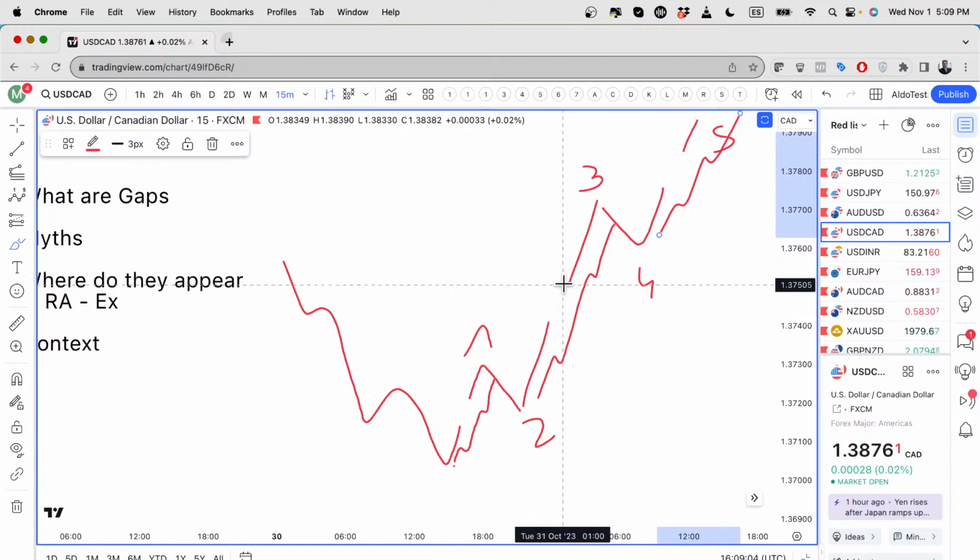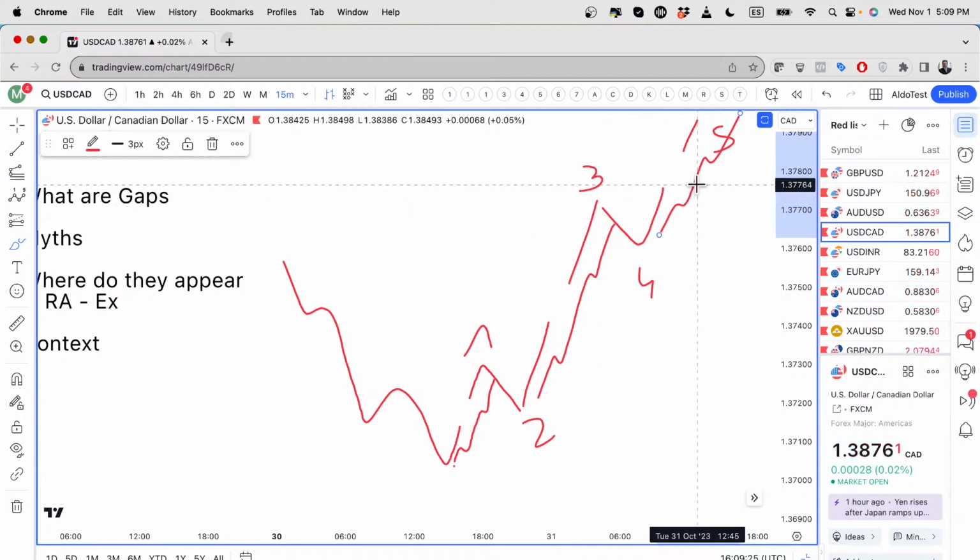The acceleration gap, or the runaway gap, would tend to appear in the third wave of the third wave. And the exhaustion gap will tend to appear on the third wave of the fifth wave.